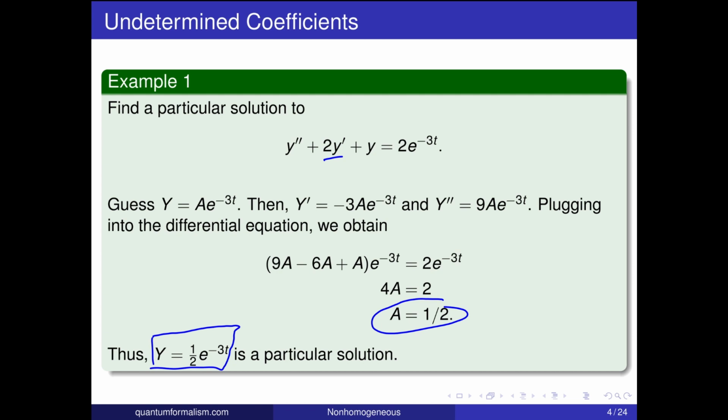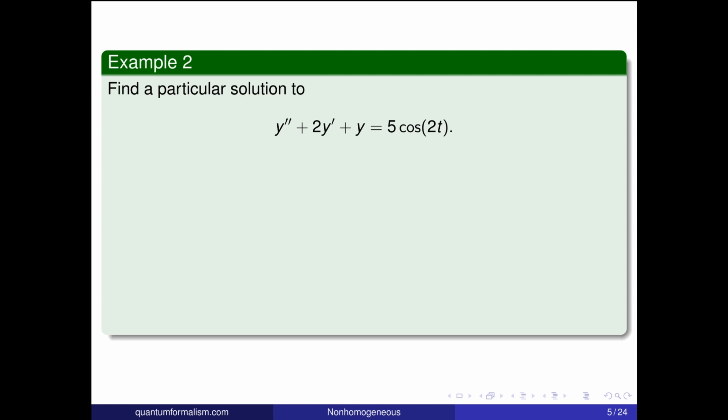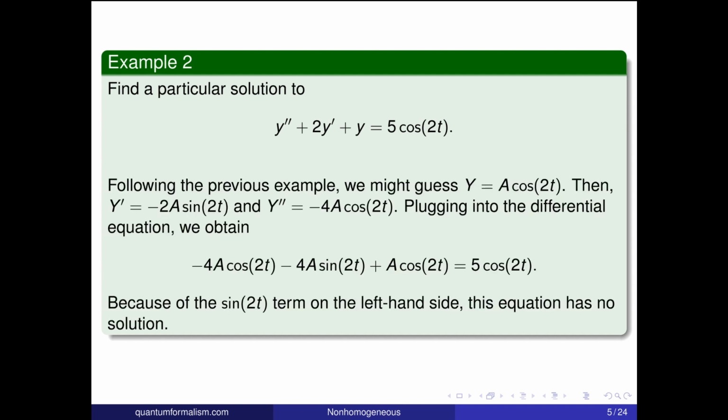All right, let's try another example. So the left-hand side is the same, but now we have a 5 cosine of 2t on the right-hand side. And so if you want to do something similar to the previous example, you might just guess some constant capital A times cosine of 2t. But as we'll see, that doesn't quite work out, right? Because when you do the first derivative of that, you get minus 2A times sine of 2t.